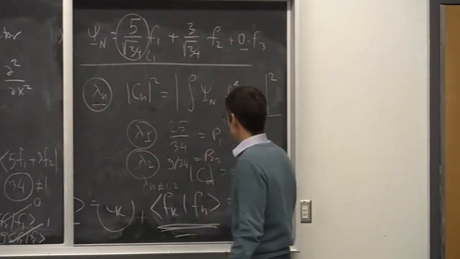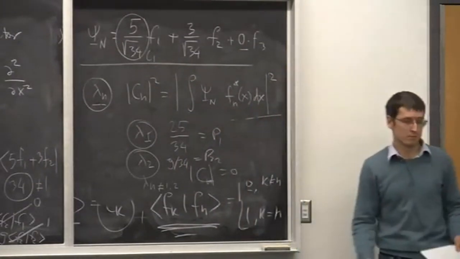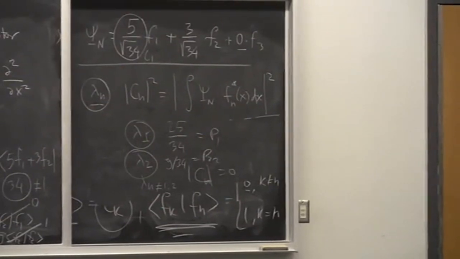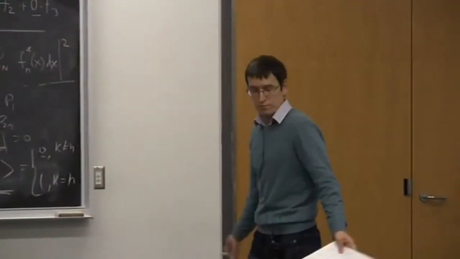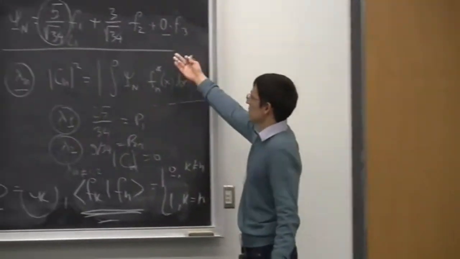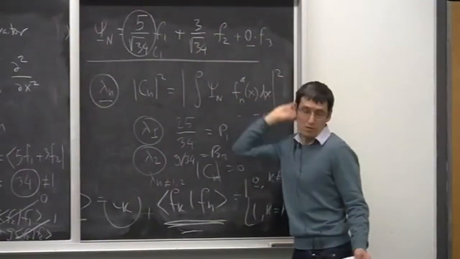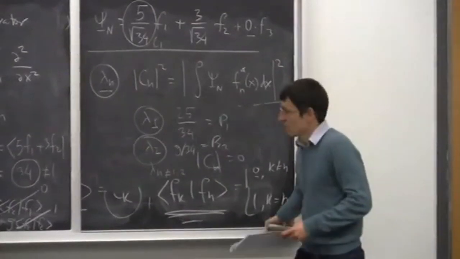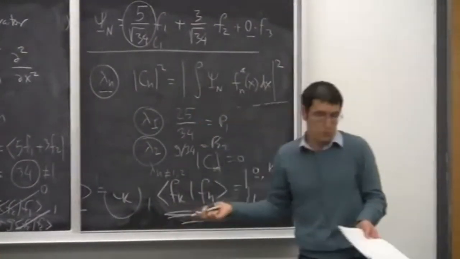That's the probability of getting lambda 2. Okay? And the probability of getting anything else is 0, because there is nothing else. Only these two functions. So that's pretty much it.